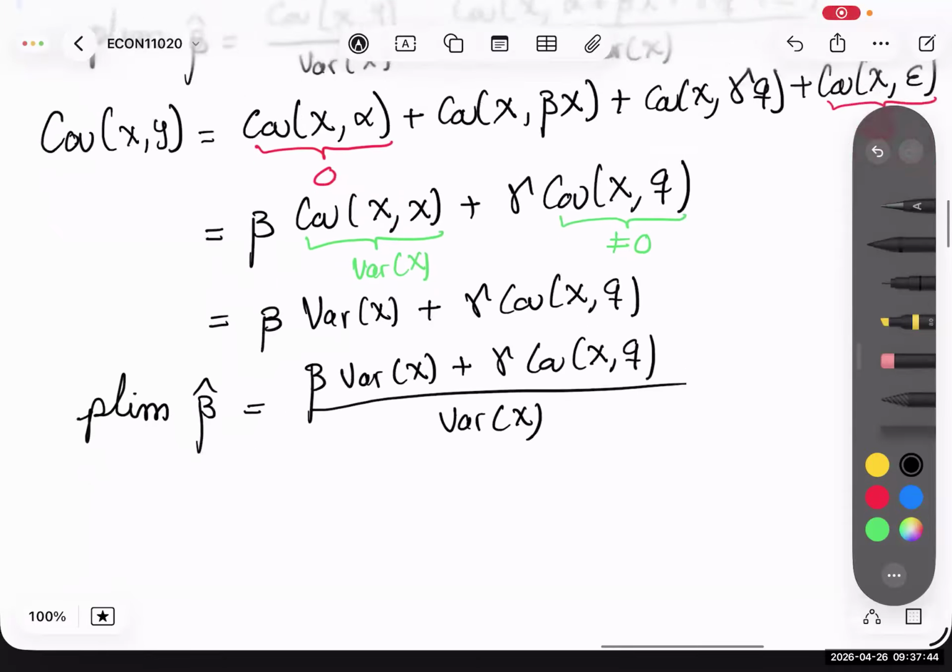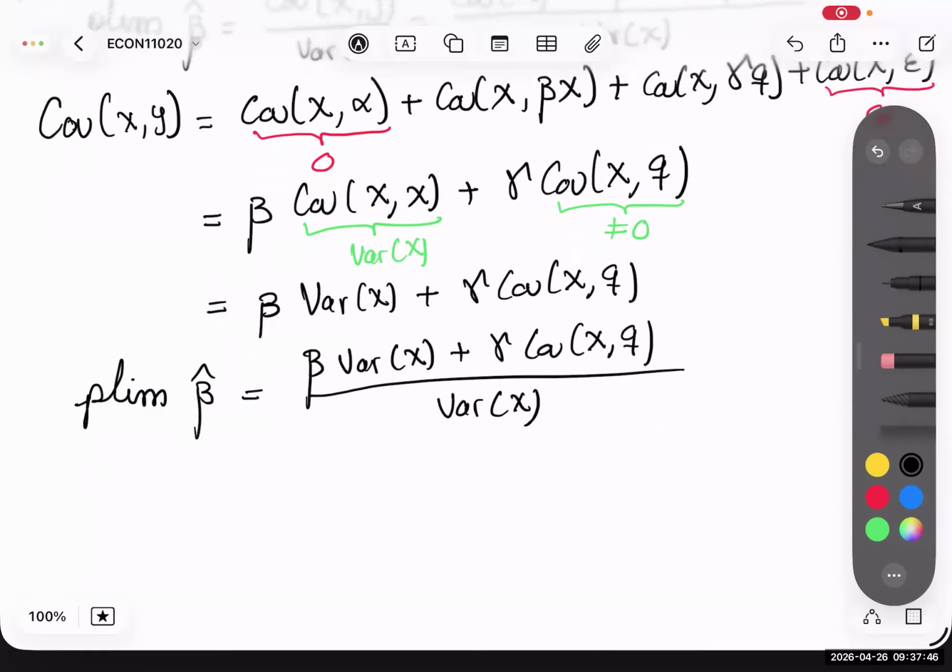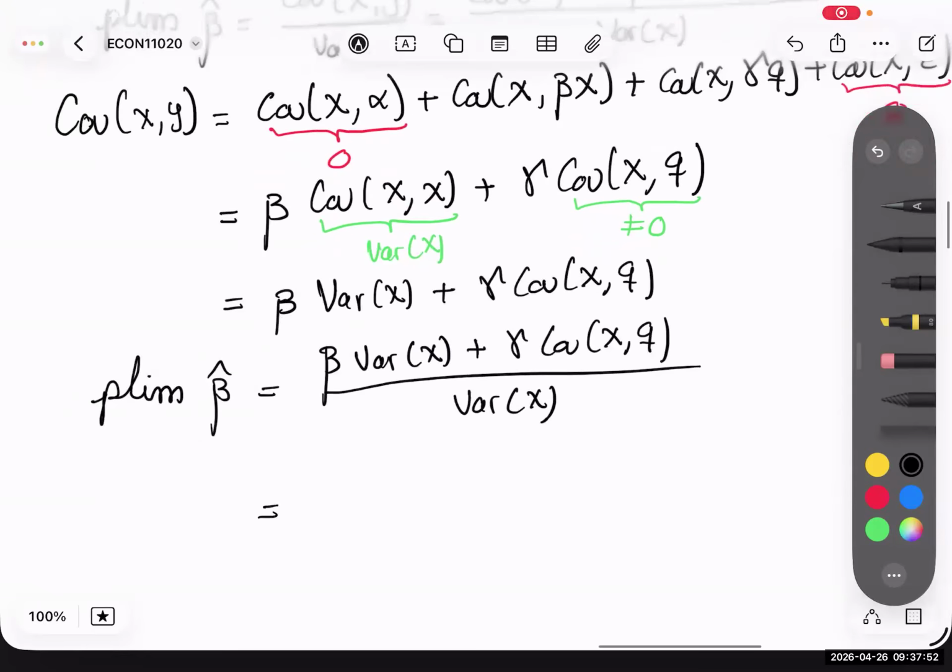In other words, if you divide each of the elements of the numerator by the denominator, and I'm going to write down all the steps, you can simplify it this way. First, right? I'm still missing one step.